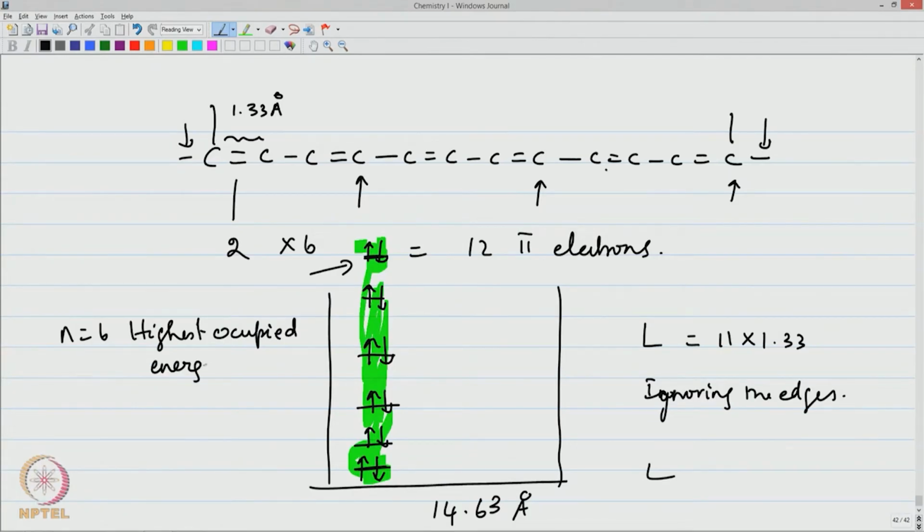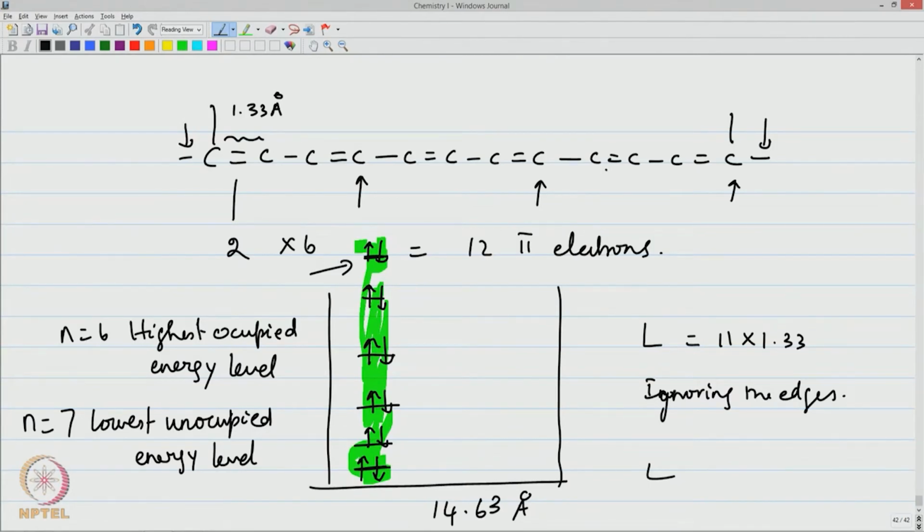Therefore, the lowest unoccupied energy level is the 7th energy level. The question is to find out the energy difference between these 2 levels.